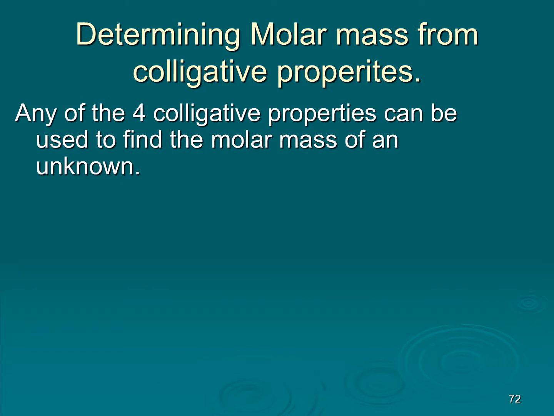All right, so one of the last things that we're going to do is determine the molar mass, or molecular weight, which is the same thing, from a colligative property. We could use any of these 4 colligative properties to do this, and in fact, one of the labs you're likely going to do is a colligative property lab where you find the molecular weight of an unknown.